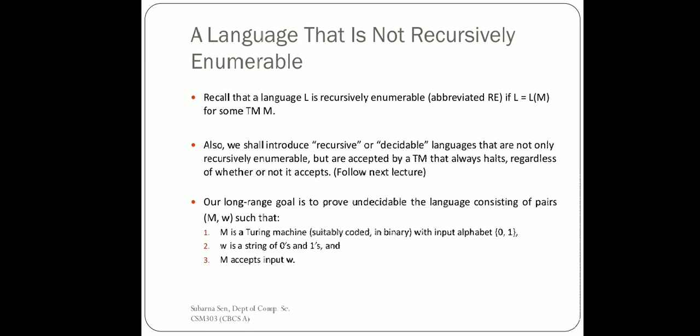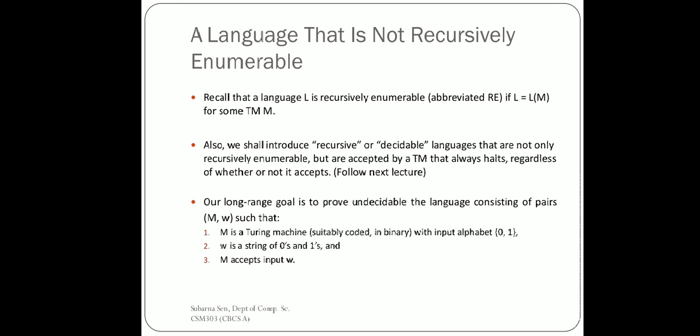Now it is quite understandable that the languages which can be represented in the form of enumeration are called recursively enumerable languages. We have seen that the Turing machine can accept those languages. Then there are some languages that are not recursively enumerable; those are called recursive or decidable languages.